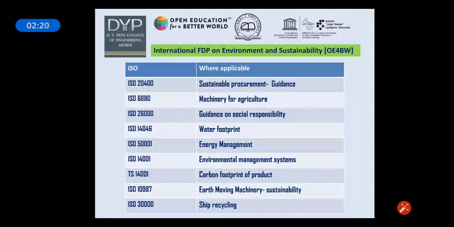ISO 14046 is for audit of water footprint, where we calculate the amount of water used for making a product or to run a process. ISO 50001 is for auditing energy management. ISO 14001 is the environmental management system. TS 14067 covers the carbon footprint of a product, that means how much carbon is emitted by that particular product. ISO 10987 is used for checking the sustainability of earth moving machineries, and ISO 30000 is used for ship recycling.